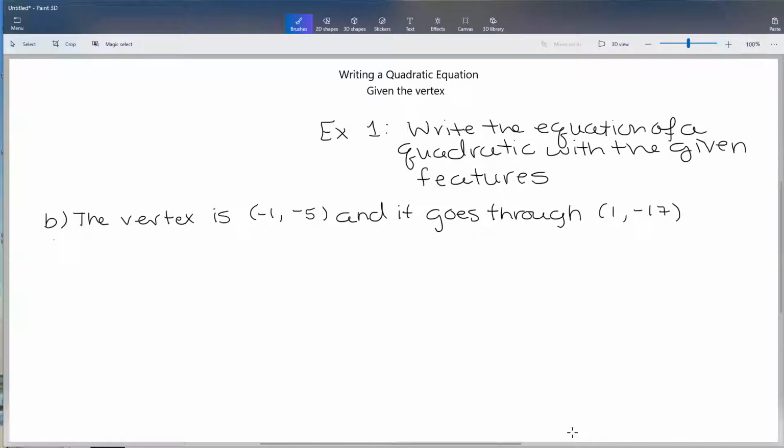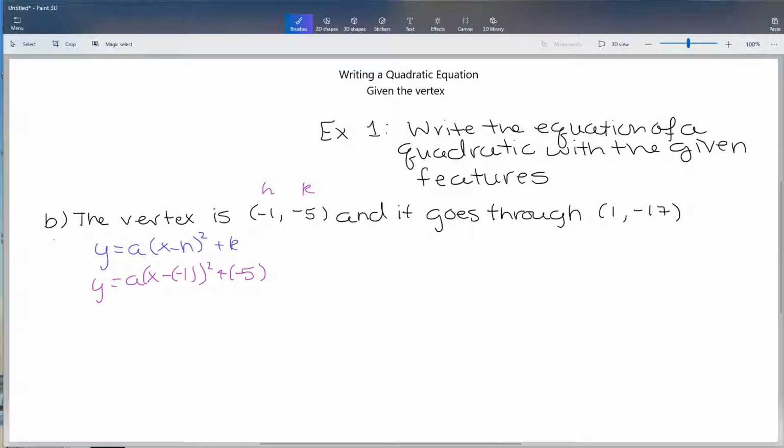So again, we're going to start with our vertex form because we know the vertex. So we have y equals a times x minus h squared plus k. And we are going to plug in our vertex, right? This is h and this is k. Okay, so I have y equals a times x minus negative 1 squared plus negative 5.